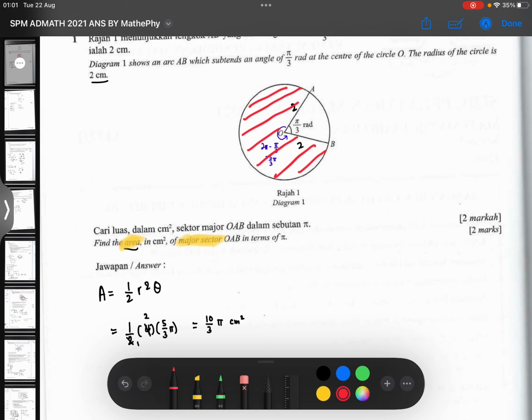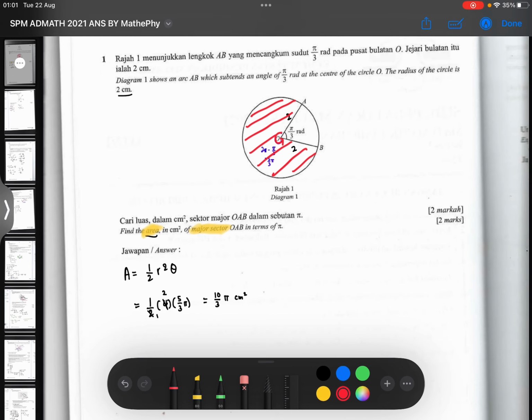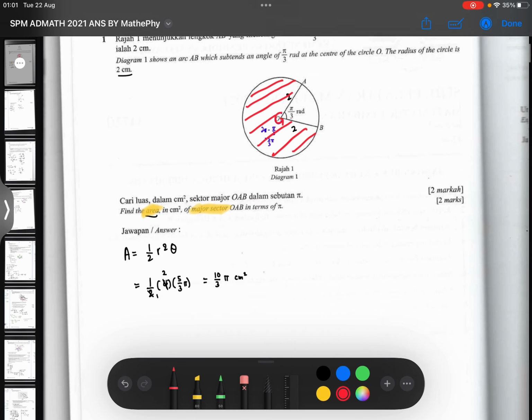If you still remember, the area of a sector is half r squared theta, with theta in radians. So you need to find the angle of the major sector OAB, which in this case is 2 pi minus pi over 3, which is 5 over 3 pi. And then just substitute in, and you'll get the correct answer.